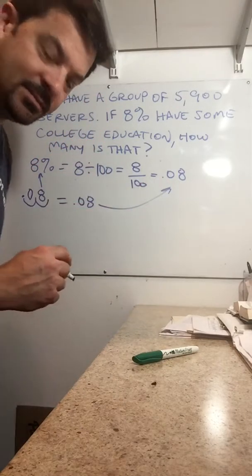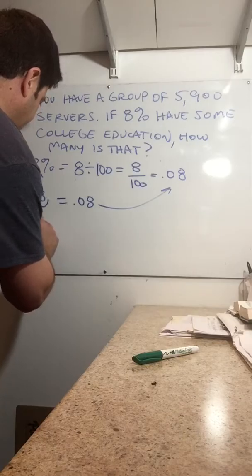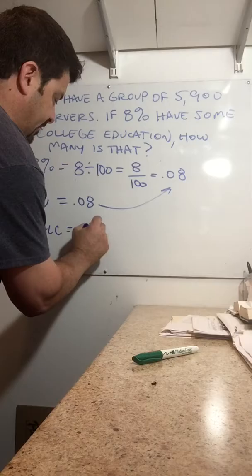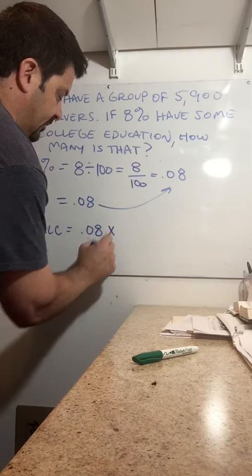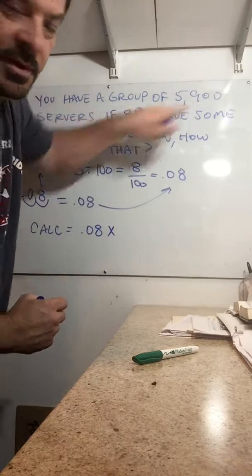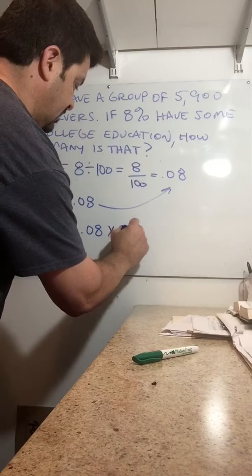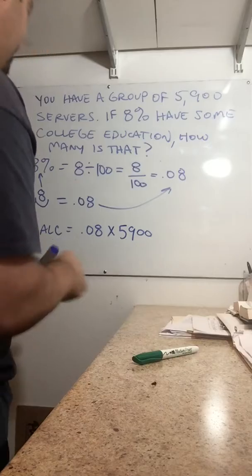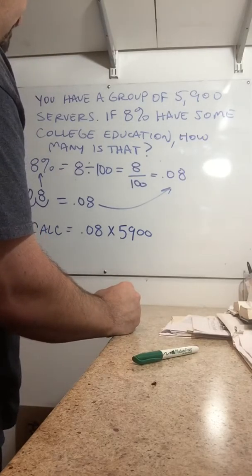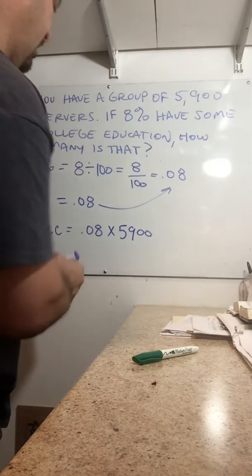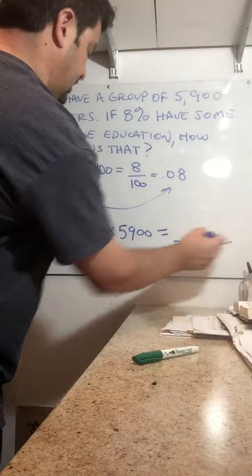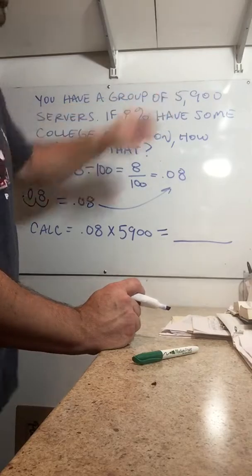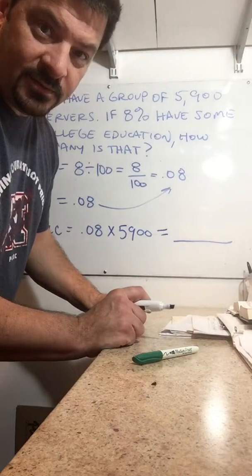Once we have this decimal, we can get it into our calculator. So in our calculator, we'll say 0.08 times 5,900. And off the top of my head, I'm not sure I can figure that out. Whatever the answer is, that's how many. 8%, in other words, 8 out of every 100 people.